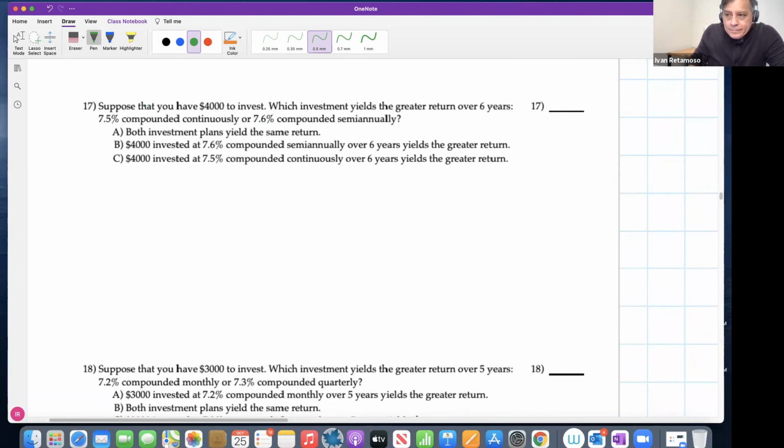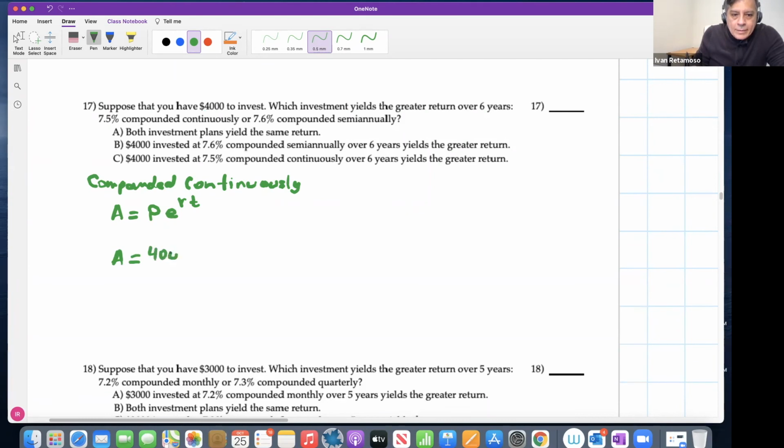Solution here. Let's analyze the first scenario, compounded continuously. I have to use this formula: A equals P times E raised to RT, where the present value should be this $4,000.